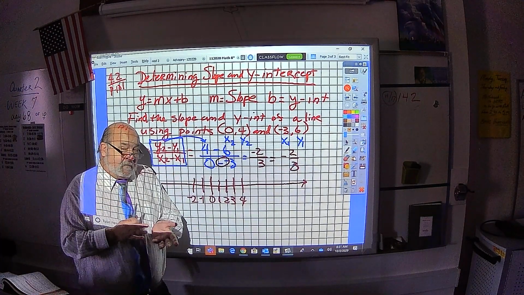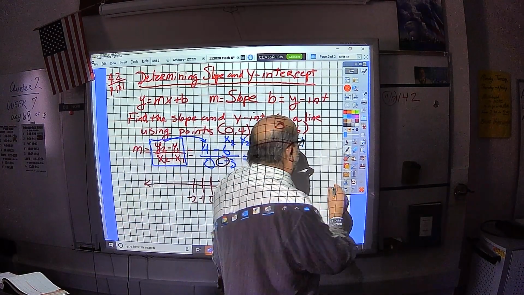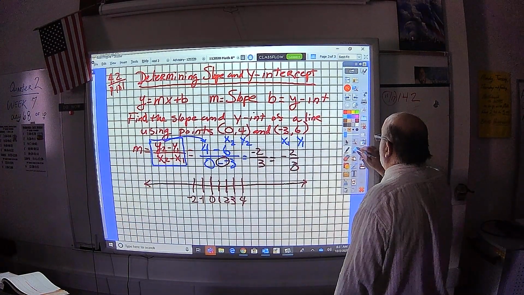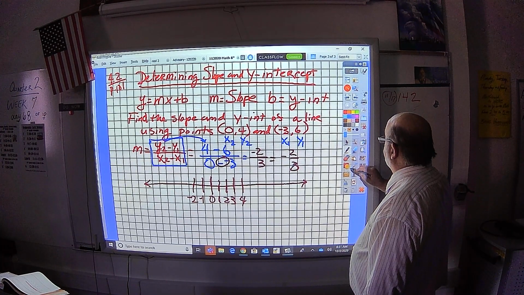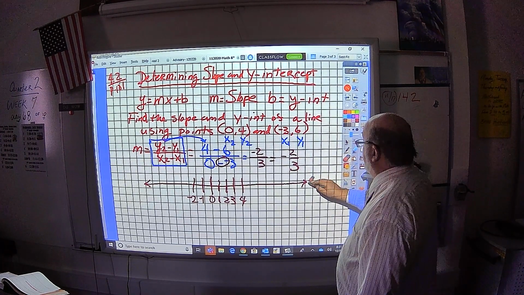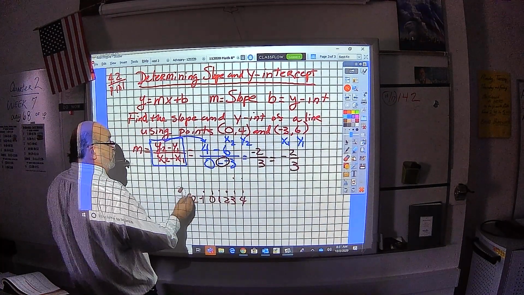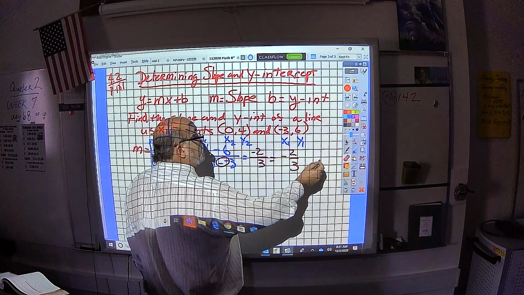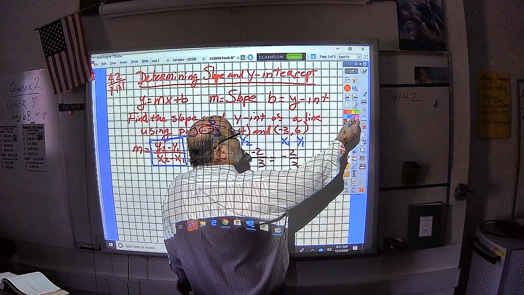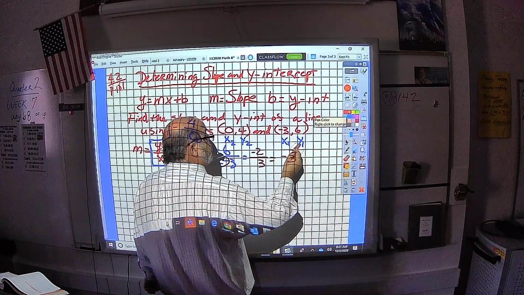Now, in this particular situation, I'm going to erase this. That allows us to say that we have y equals mx, because we have slope. Here's your slope. Let's use the orange one. Why not?